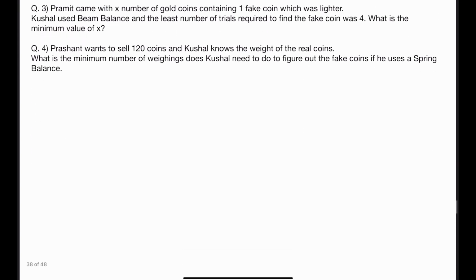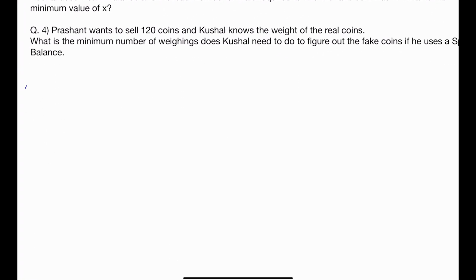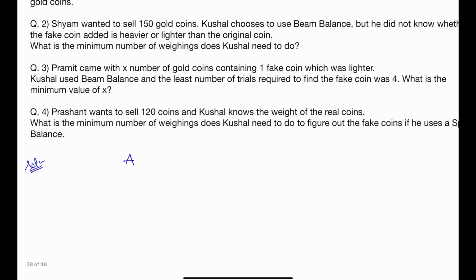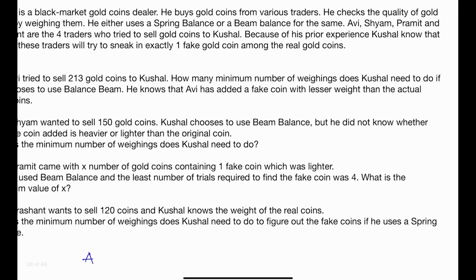So let's just give a name to all the people. Avi will be called A, then Shyam, Pramit and Prashant.